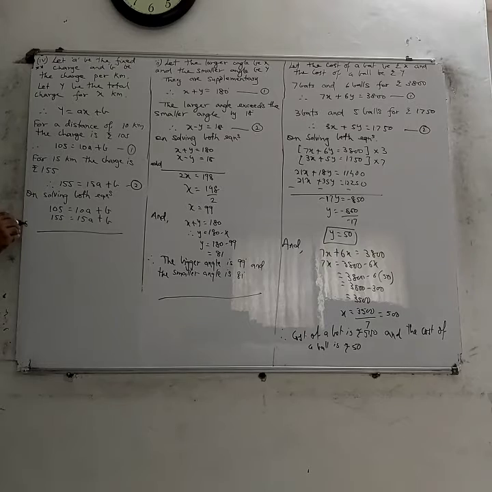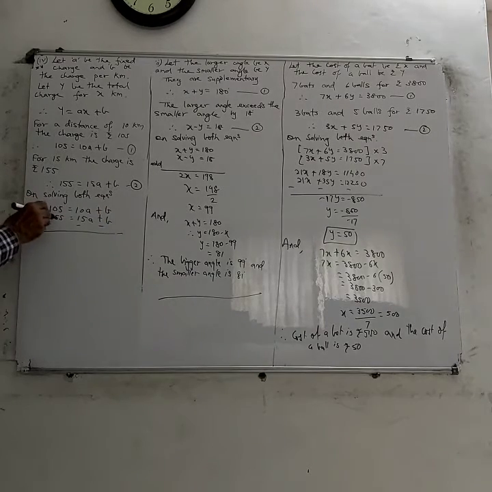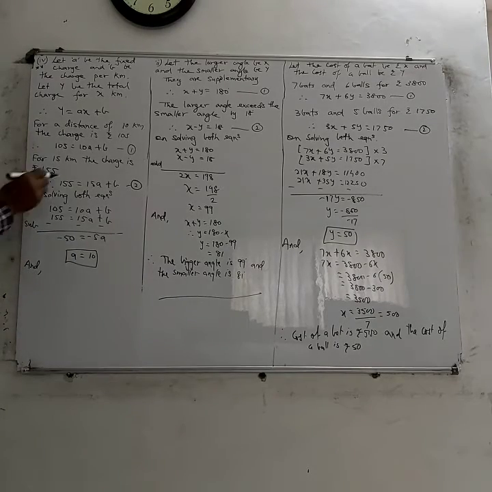Now if I subtract, B will cancel out. 155 minus 105 will be 50, is equal to 5A, or A will be equal to 10. And take any one equation now.